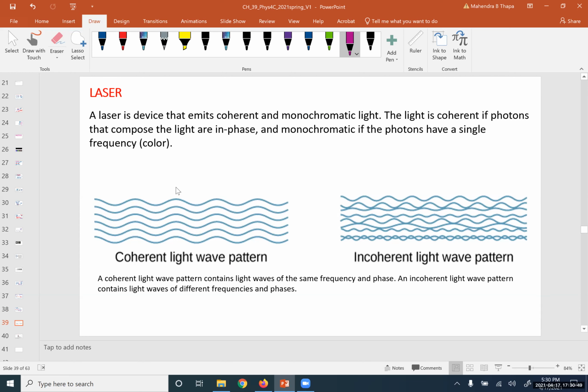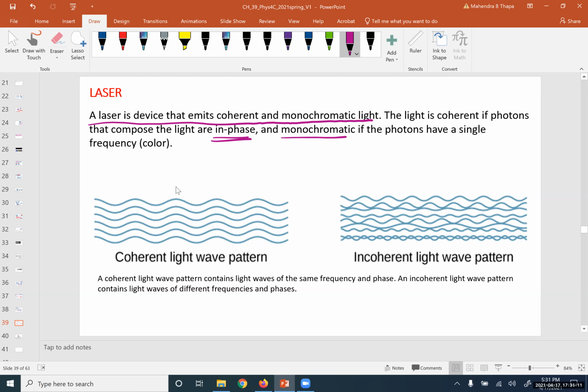A laser is a device that emits coherent and monochromatic light. The light is coherent if the photons that compose the light are in phase. This is the key point. And it is monochromatic if the photons have a single frequency.